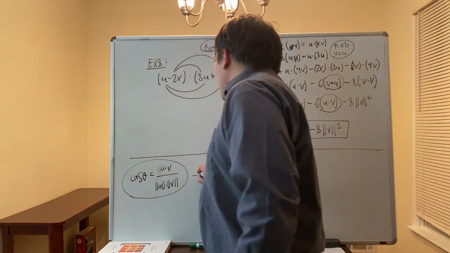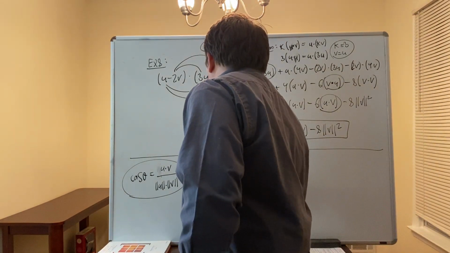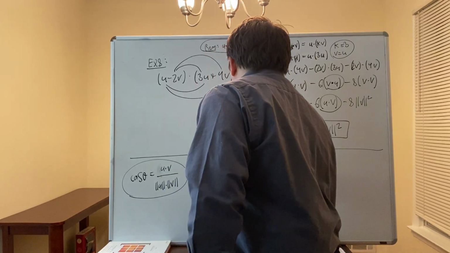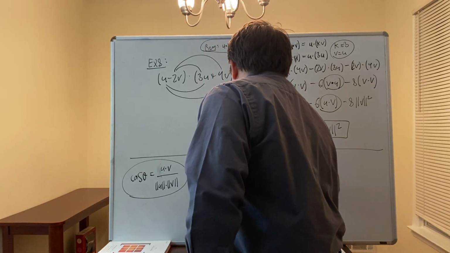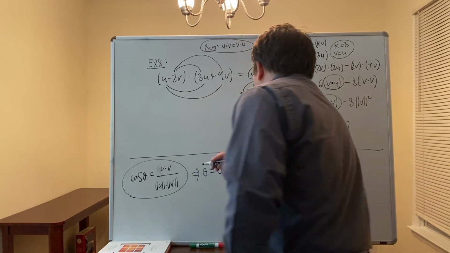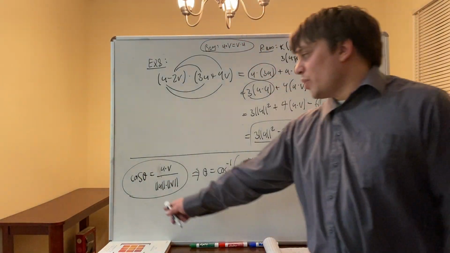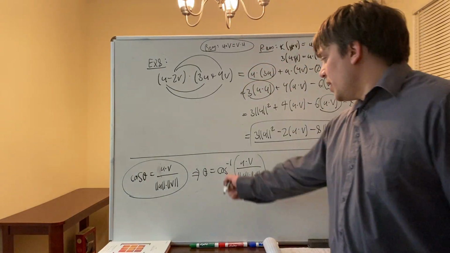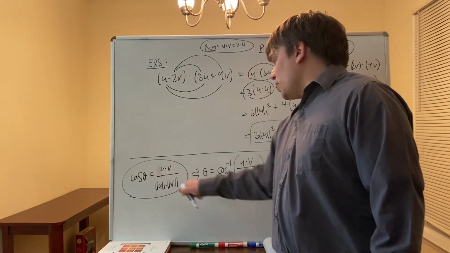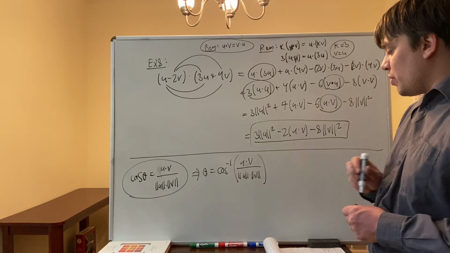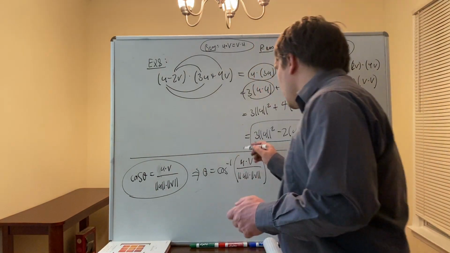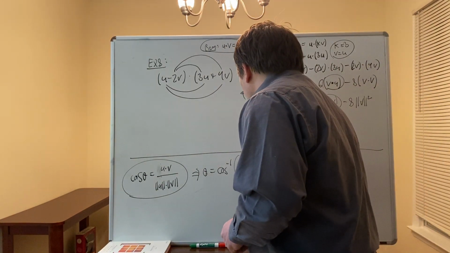Now that implies then that theta is equal to cosine inverse of u dot v over the norm of u times norm of v. Okay, and so you just take the cosine inverse of both sides. So cosine inverse of cosine theta is theta, and then cosine inverse on the right side. So theta is equal to cosine inverse of u dot v over the norm of u times norm of v.